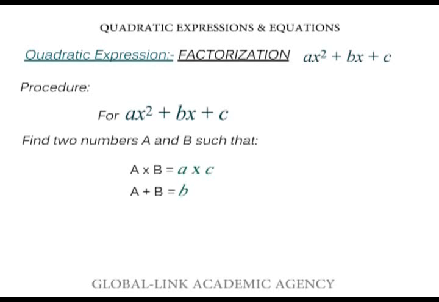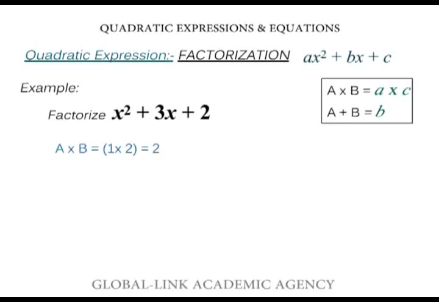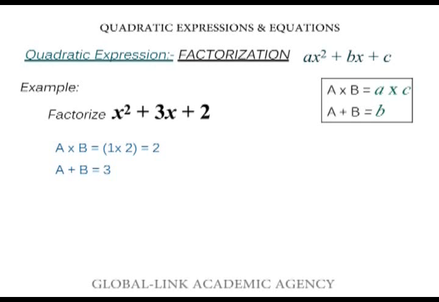For example, x squared + 3x + 2. Find p and q such that p times q is equal to 1 times 2, p + q is equal to 3, and those numbers are 1 and 2.